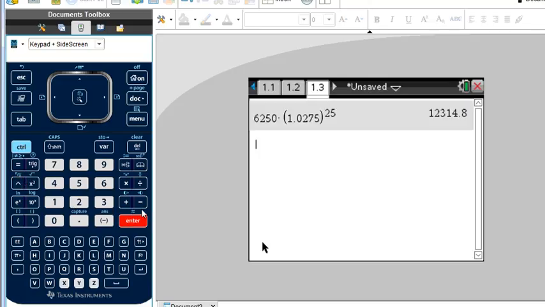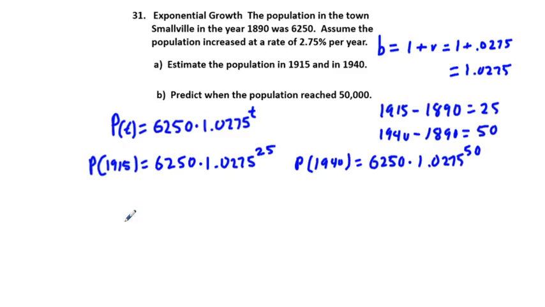So we're going to have 12,315, it looks like, for that value. So I'm going to put in P of 1915 equals 12,315.